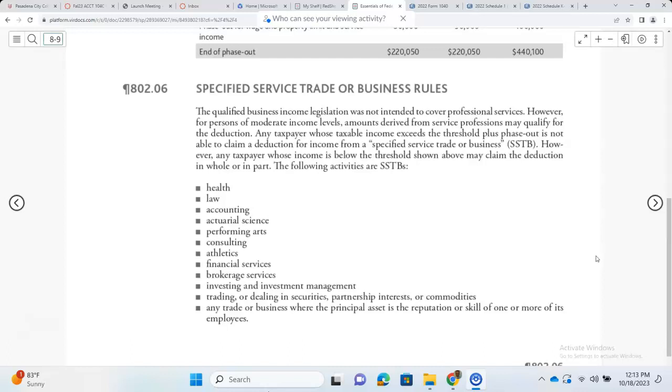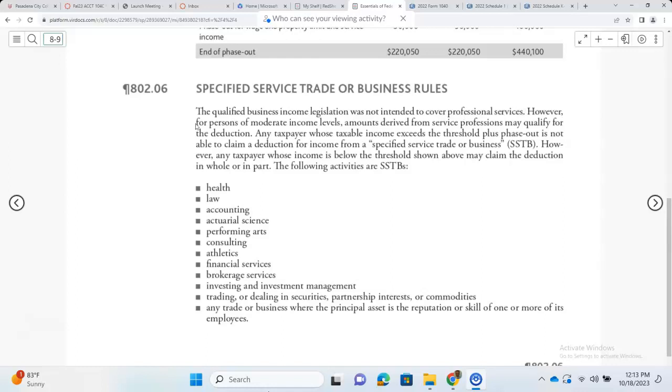Remember I said there are few businesses that are qualified and few businesses that might not be qualified. Let's see. The qualified business income legislation was not intended to cover professional services.